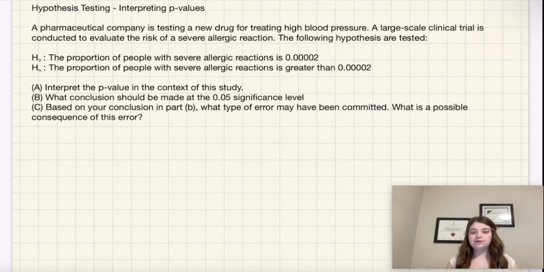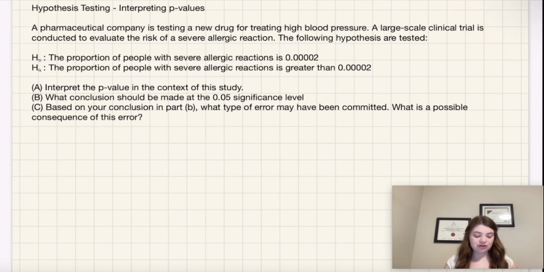Well, the 0.05 significance level basically means that if the p-value is greater than 5%, or 0.05, then we would fail to reject the null hypothesis. Now, the null hypothesis could still be false, but there just isn't enough information to be this sure against it in order to actually get rid of it.